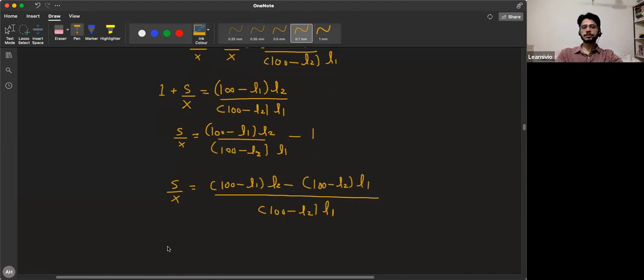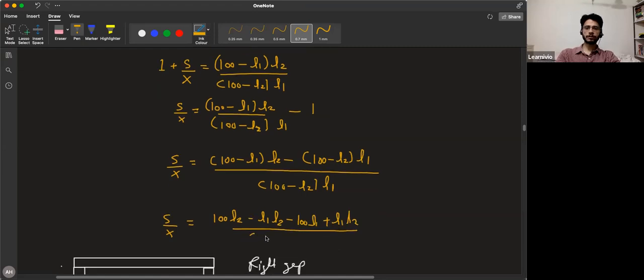If I multiply this in the numerator, I will get 100 L2 minus L1 L2 minus 100 L1 plus L1 L2, divided by L1 into 100 minus L2. So L1 L2 and L1 L2 will get cancelled out, and you have 100 into L2 minus L1 over L1 into 100 minus L2.